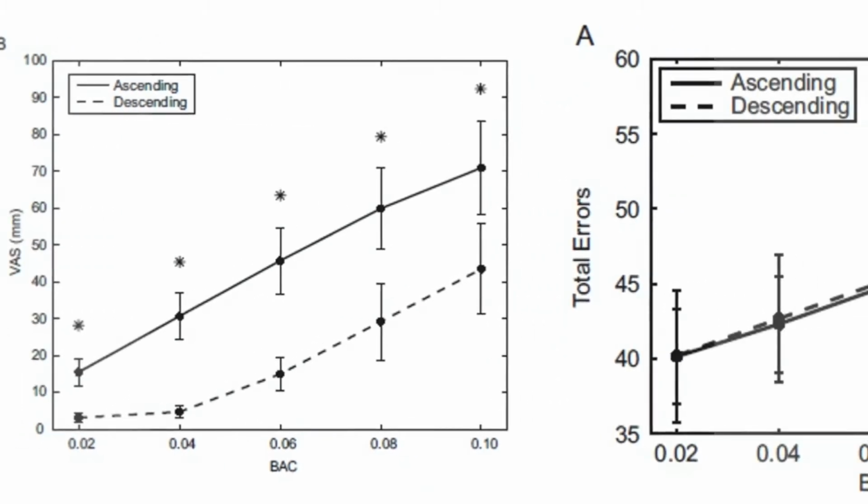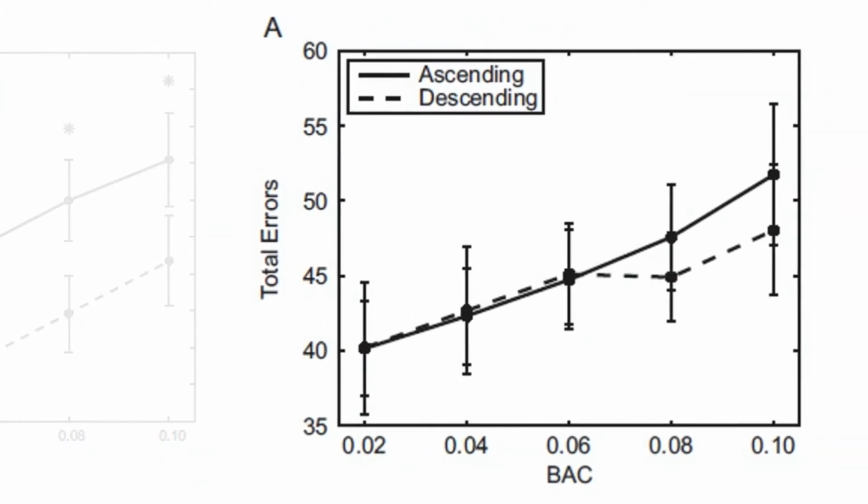On the far right figure is performance on the maze through those same time points. And there you can see that the number of errors people are making is related to their blood alcohol concentration, irrespective of whether the blood alcohol is ascending or descending.